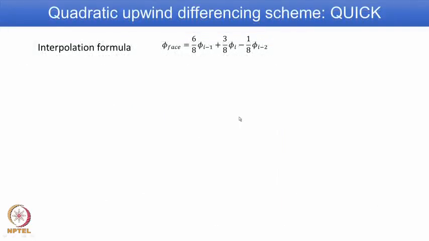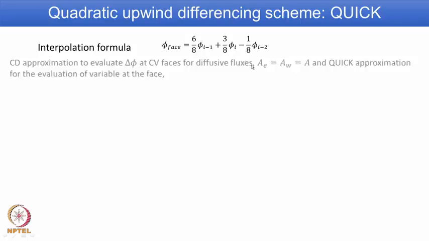Now, we write down the generic formula. Phi at any face is as shown here. As I already mentioned, in this formula, note the subscript: I represents the immediate downstream, and I minus 1 and I minus 2 are upstream.